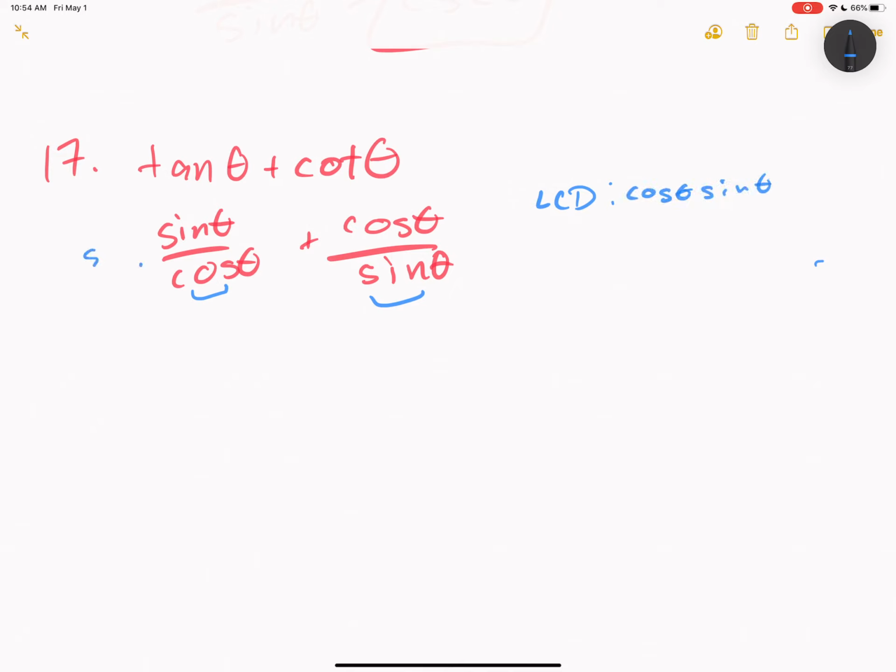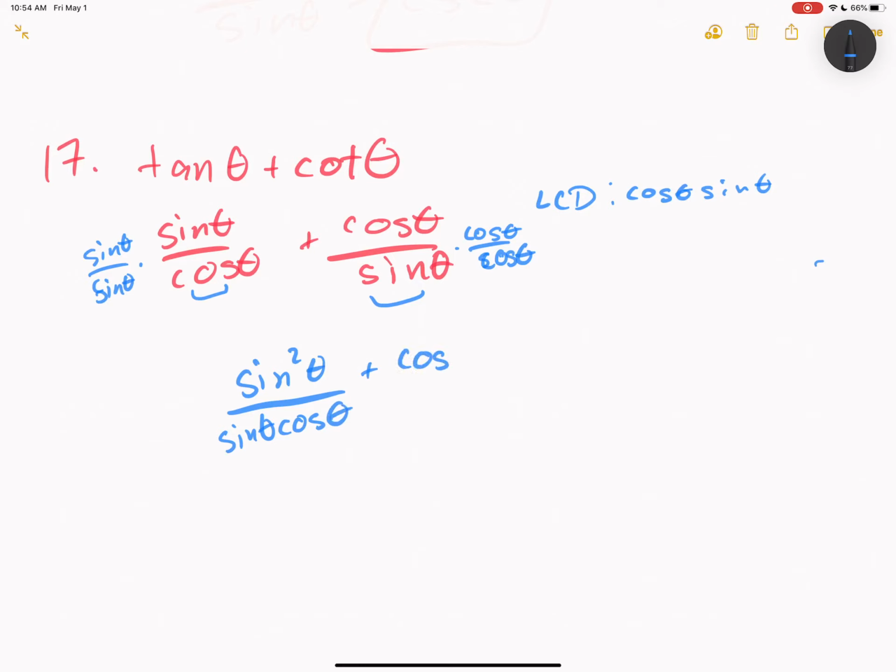So here I'm multiplying sine top and bottom. Then here I'm multiplying cosine top and bottom, because that's what they're missing, right? So now I get sine squared theta over sine theta cosine theta plus cosine squared theta over sine theta cosine theta.